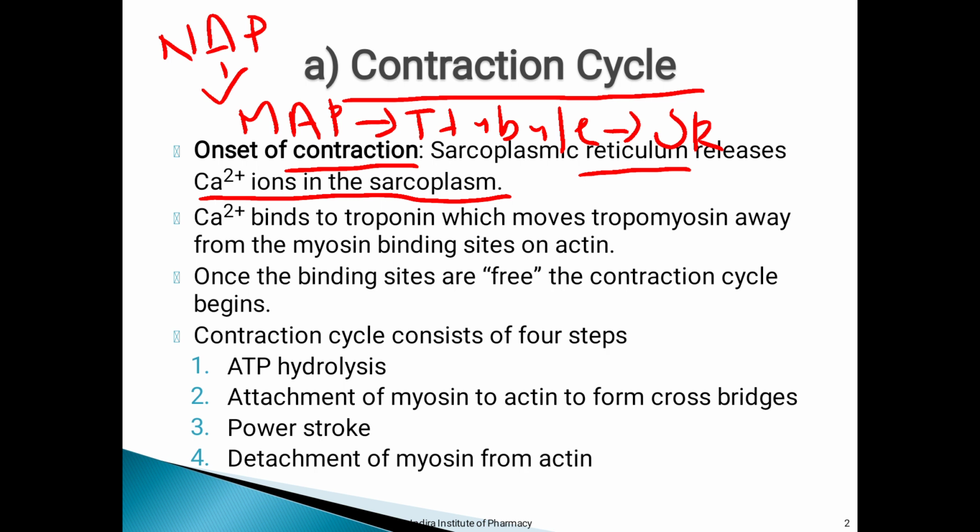Now remember that the sarcoplasmic reticulum has two channels. First is the calcium channel, and second is calcium ATPase.